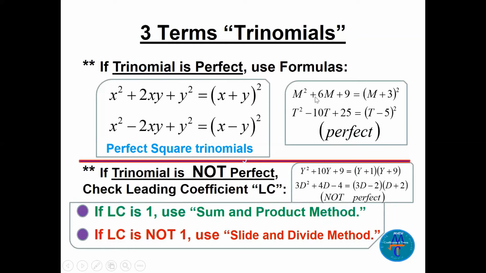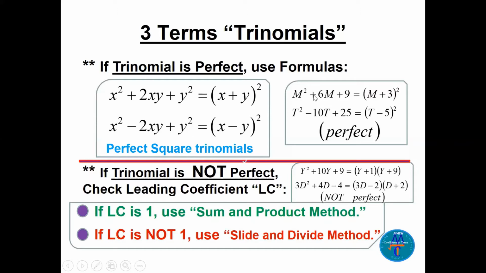So yes, this one is equal to this one, because x squared plus 2xy plus y squared is equal to x plus y all squared. That's a perfect square trinomial. If you have a minus in the middle, always plus at the end, remember that. It will be x minus y all squared. So these 2 formulas, we call them perfect.